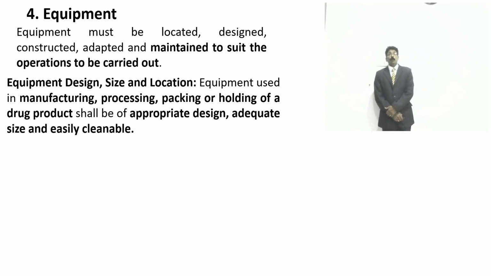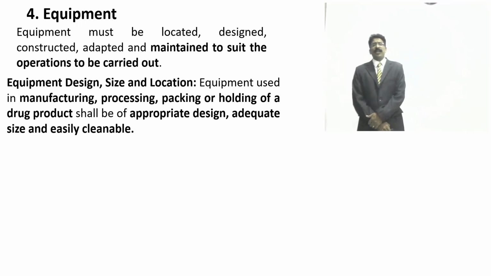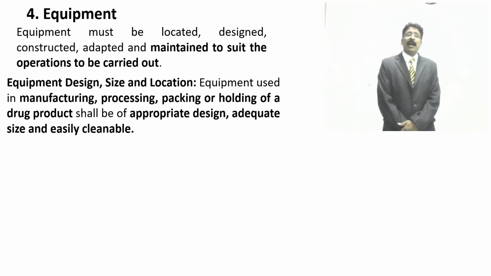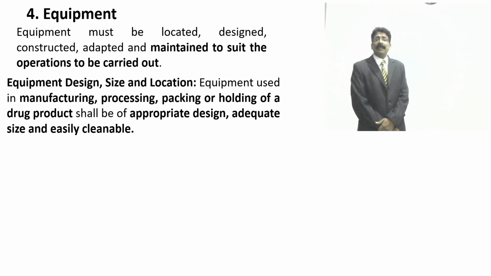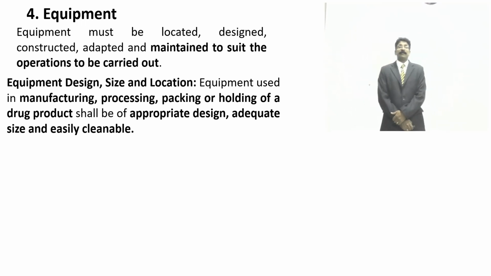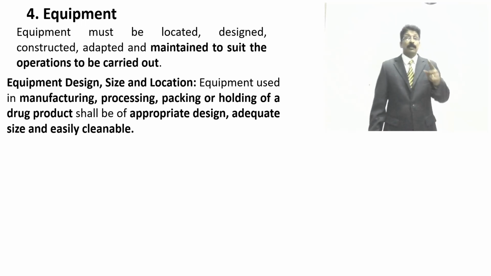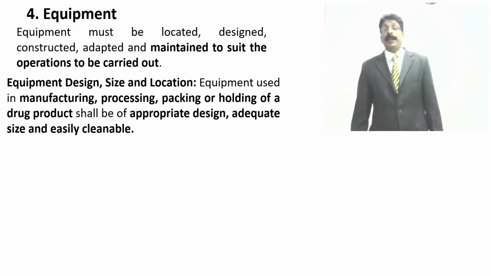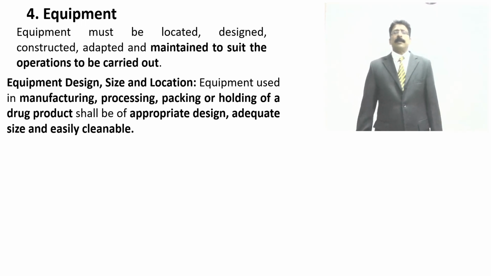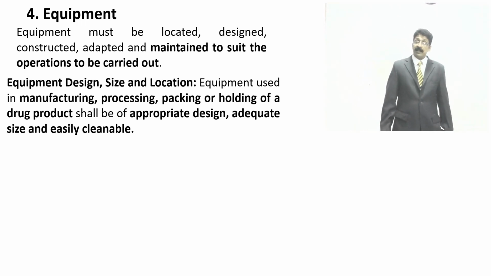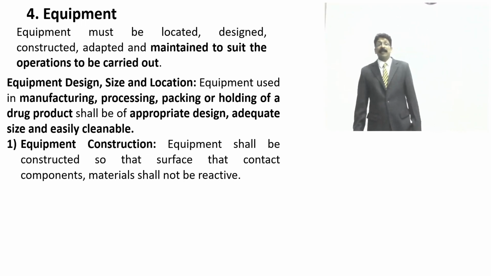Equipment design, size and location: equipment used in manufacturing, processing, packing or holding of a drug product shall be of appropriate design and adequate size and easily cleanable. That is very important to maintain good manufacturing practice according to the Drug and Cosmetic Act 1945.